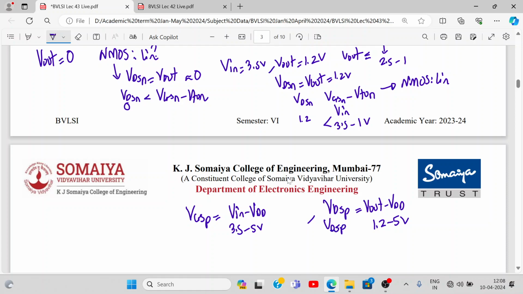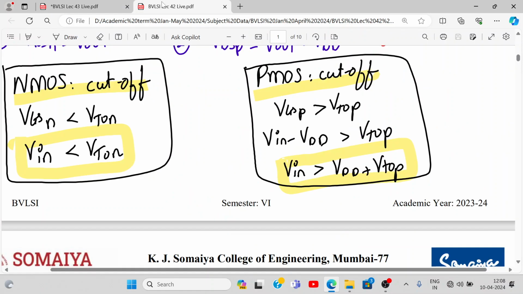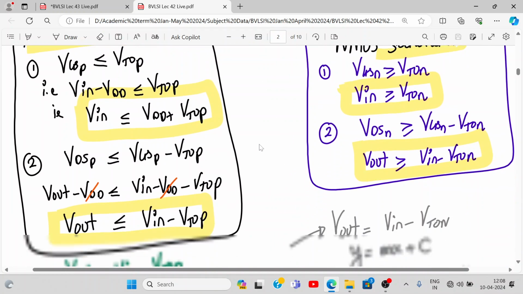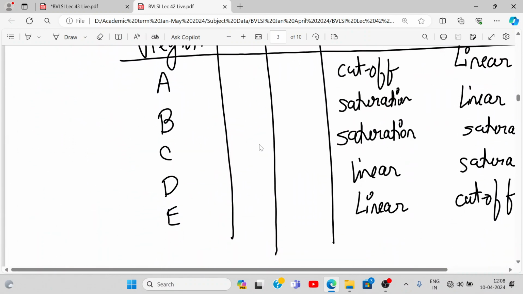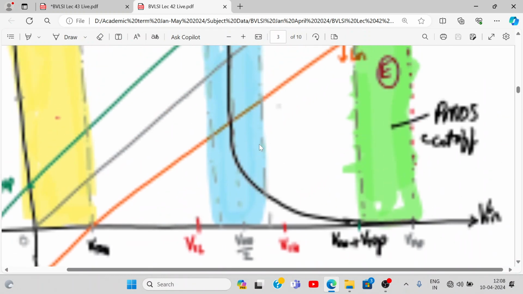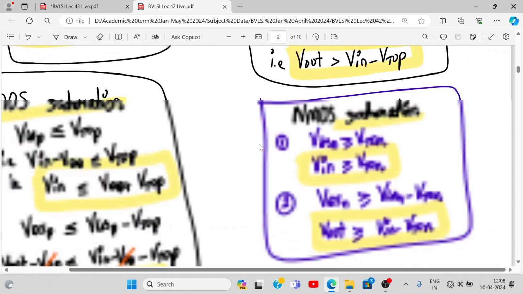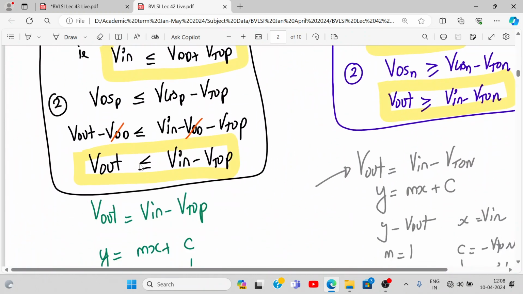Tell me the VDSP condition. VDSP should be, तो होना क्या चाहिए? Which condition should it be? D region में क्या होना चाहिए? PMOS should be in saturation.